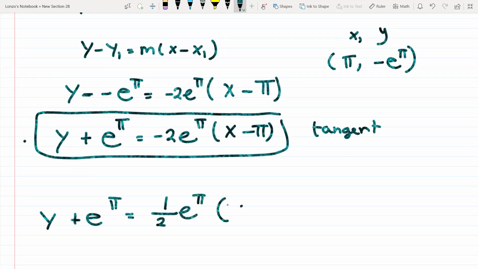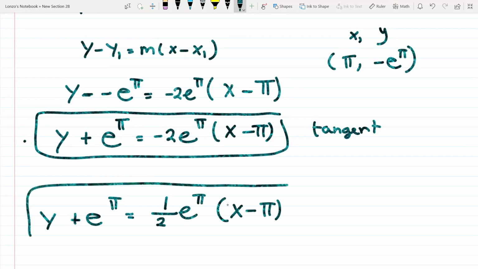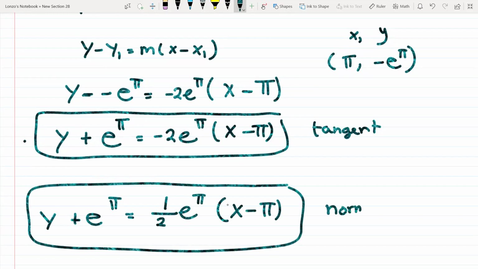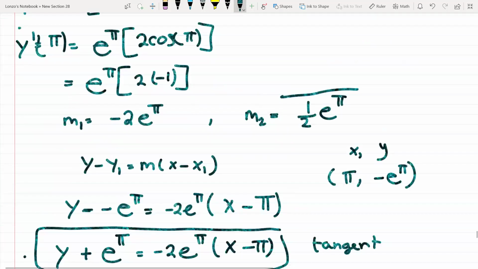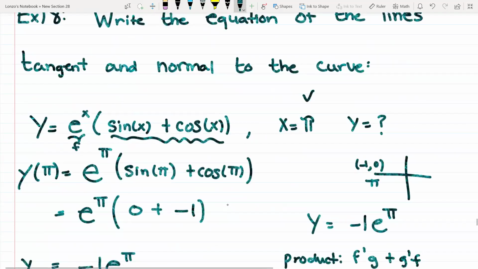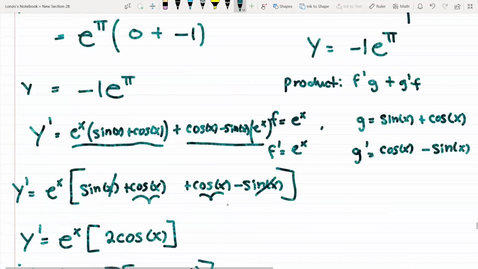And then it's going to be x minus pi. Okay, so this is the second equation, and this is the normal. Okay, so that was example 8. Let's move on to example 9.